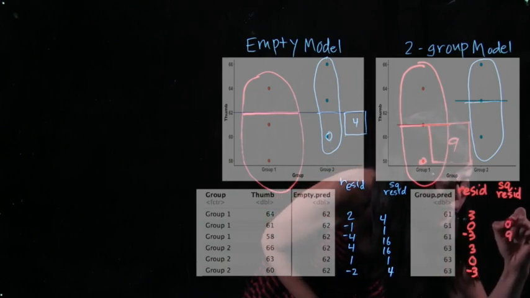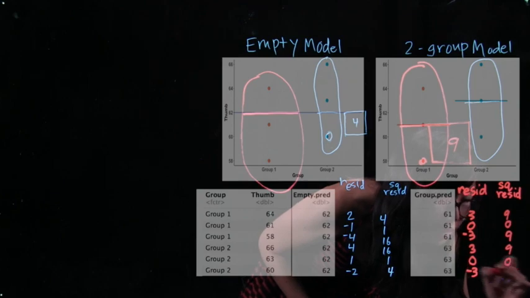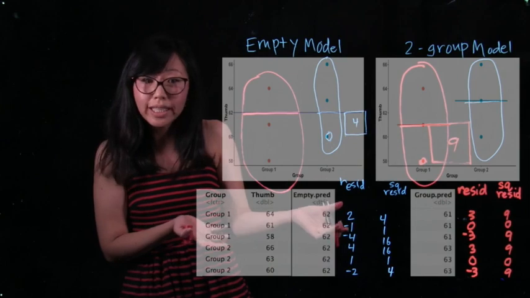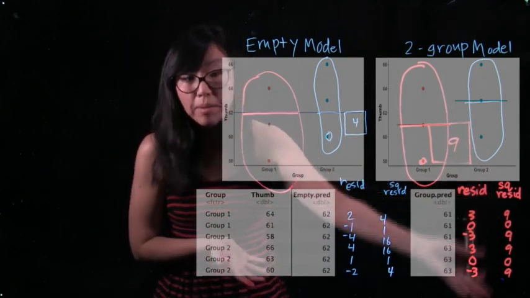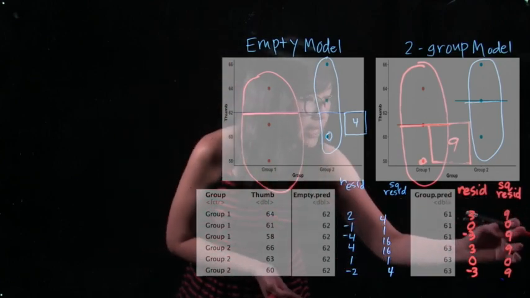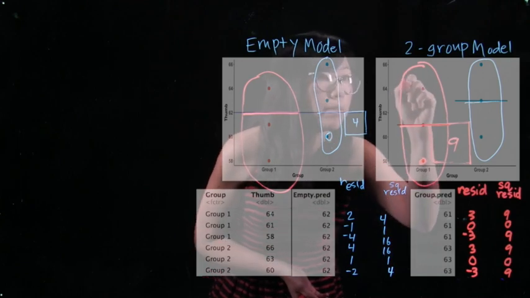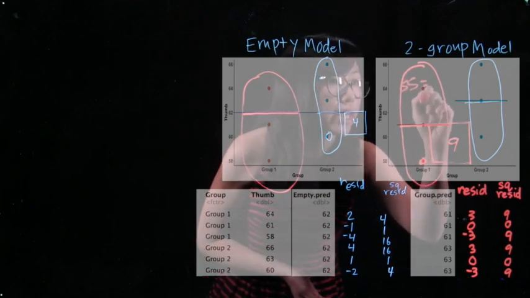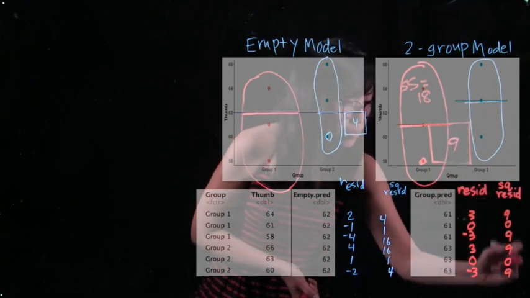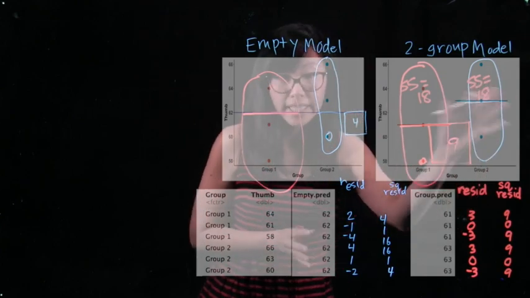So 0 squared is 0, 3 squared is 9, 3 squared is 9, 0 squared is 0, -3 squared is 9. Even without doing the addition, we can see the sum of all of these is going to be a lot smaller than the sum of all of these. So the sum of squares for this group is 18, and the sum of squares for this other group is also 18. So it's 18 and 18.